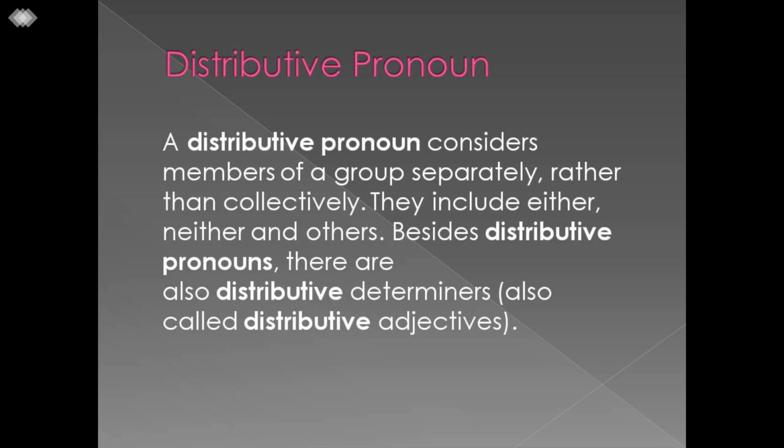Each, every, either, and neither are called distributive pronouns because they refer to persons or things one at a time. For this reason, they are always singular and as such are followed by the verb in the singular.